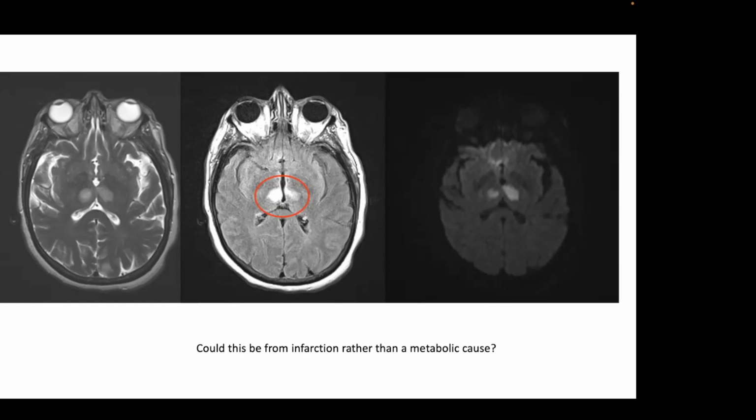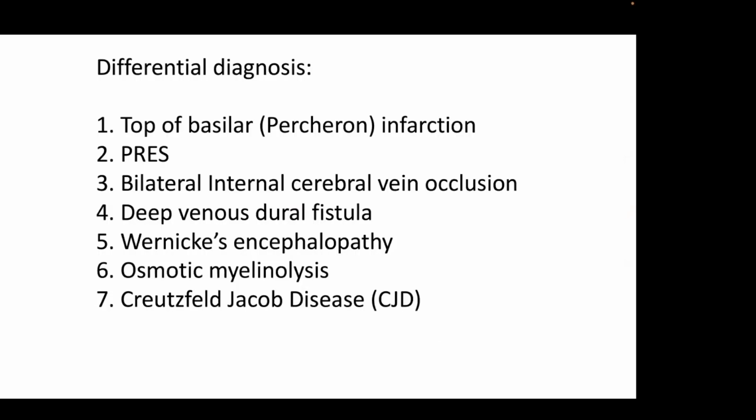Could this be metabolic? Because there is an overlap in the appearance. And quite honestly, I think in many cases, it's difficult to distinguish based on just the MR imaging alone. You have to look at the clinical context. So this is a reasonable differential diagnosis you should consider for the patient with bilateral thalamic lesions.